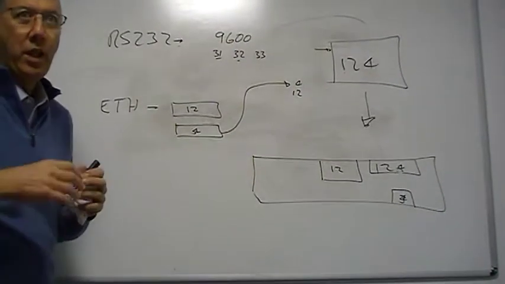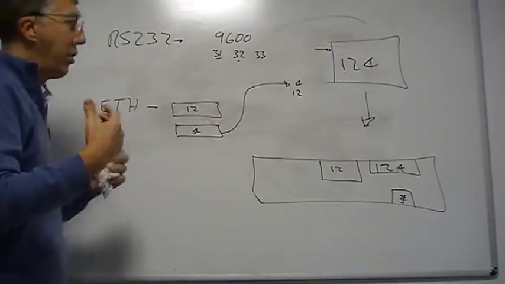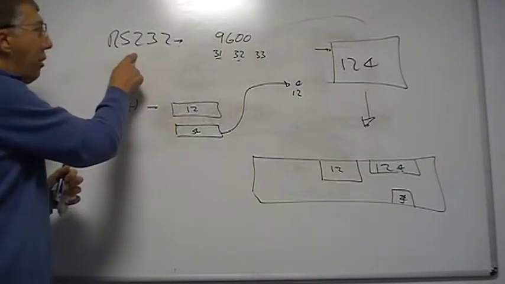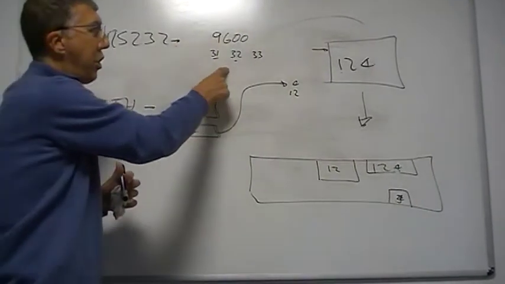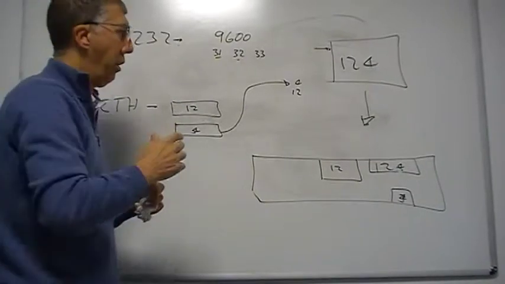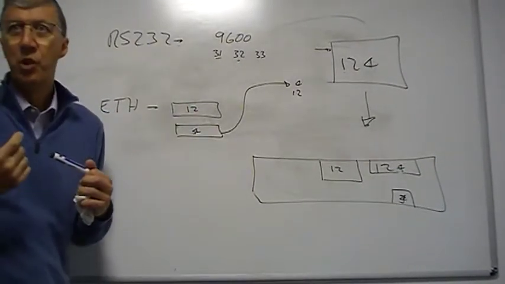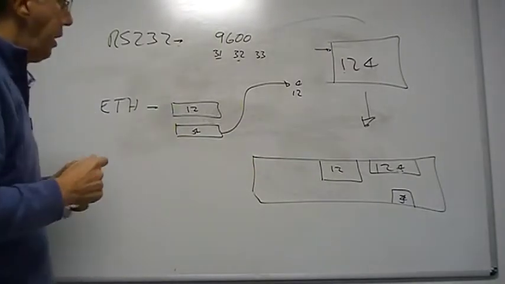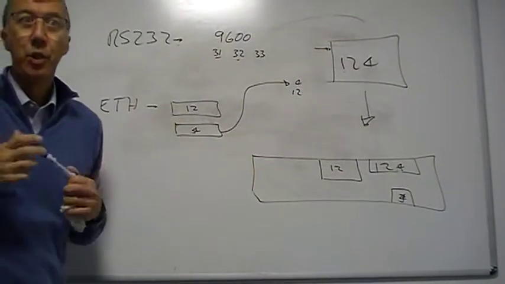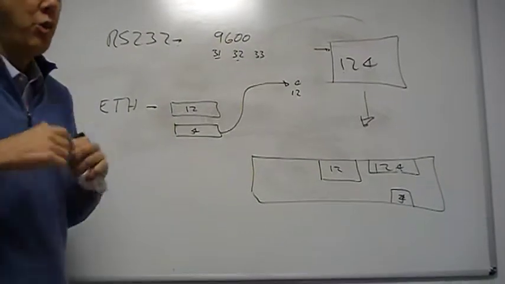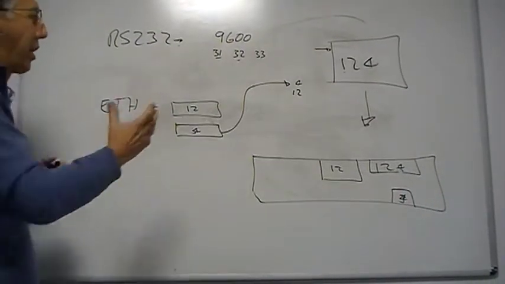So generally in industry we still use RS232 because of this deterministic quality. We tend not to use Ethernet, especially in a noisy environment, because you get bad packets, especially on wireless networks in factories. There's just too many bad packets and it slows it down.